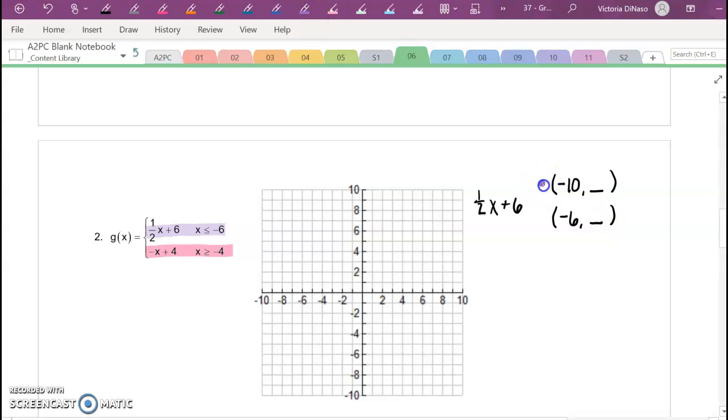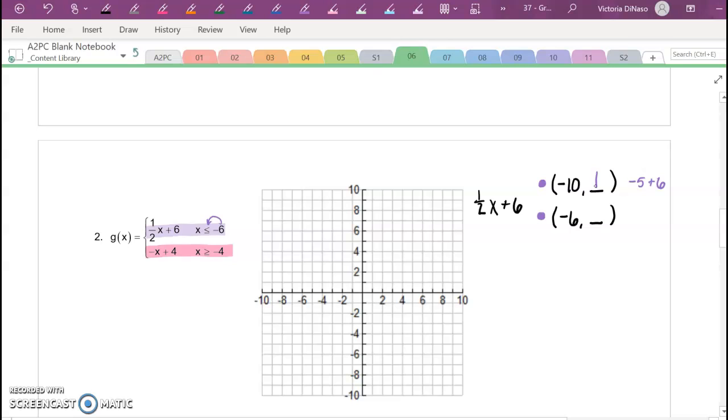At -10 comma blank, we're going to have a closed circle, and then I'm going to look at the inequality next to the -6, and right next to the -6 we have a less than or equal to sign, so it's always going to be a closed circle. Let's go ahead and plug in -10 into 1/2 x plus 6. So half of -10 is -5, so we have -5 plus 6, which is +1.